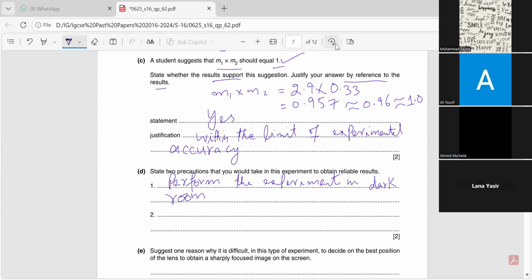The same is the case here. If you want a sharp focused image, in bright light it will be very difficult to mark the boundaries of that image. But if it is dark, it becomes quite easy to do so.